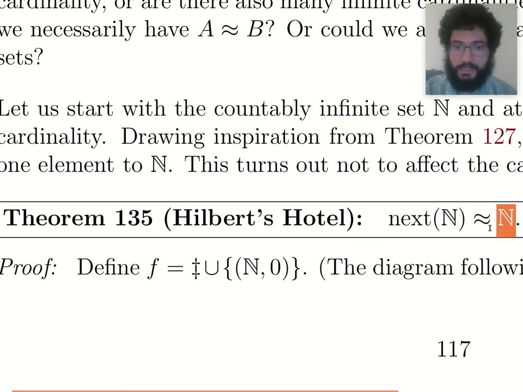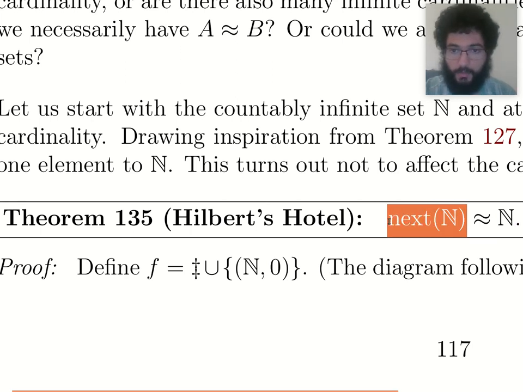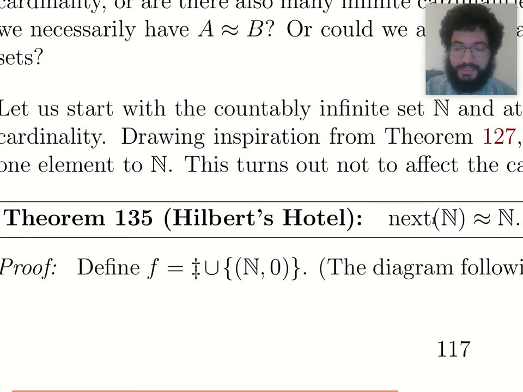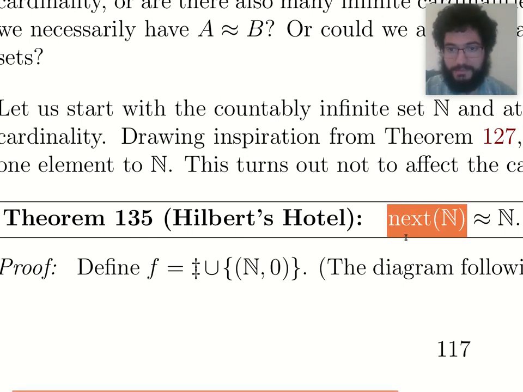Now, the set of natural numbers we haven't proven, but you will find, is an infinite set. When you apply next to it, which is something we've not done before, what you get is the set of natural numbers, but with one more element thrown in. So this is an infinite set with an additional element thrown in.